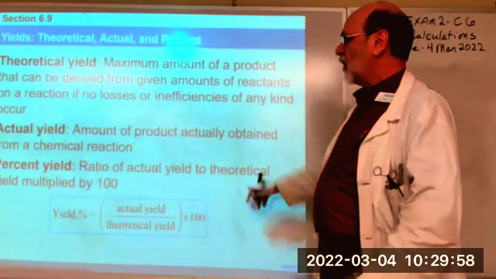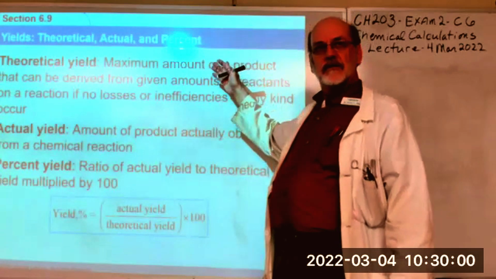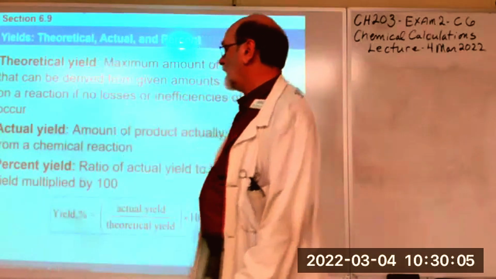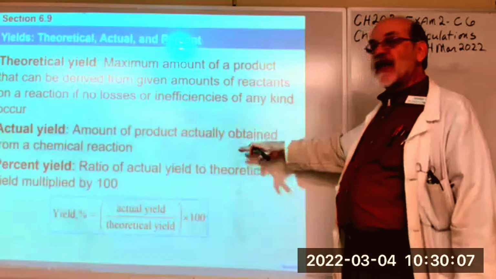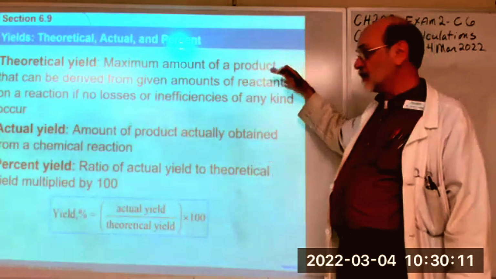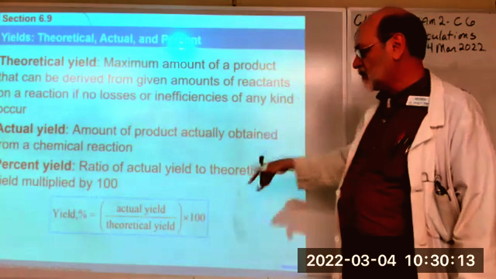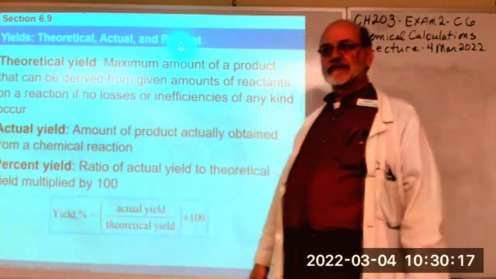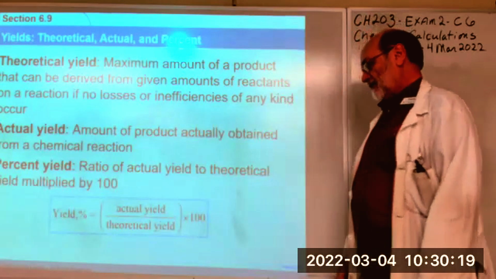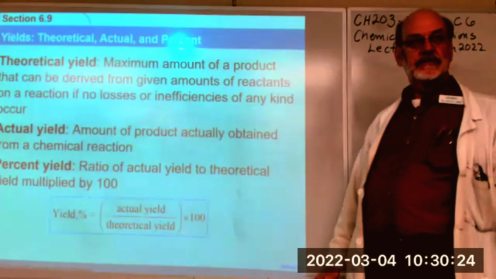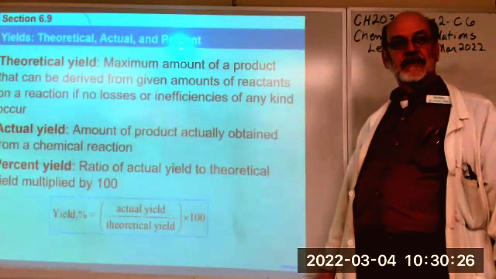All you have to know is what's the theoretical yield? What's the maximum amount that you can expect from that reaction? And then actually measure what you get from the reaction under those identical conditions, and then ratio them. And that gives you percent yield. Many reactions are like 10, 15% yield, and that's considered good.